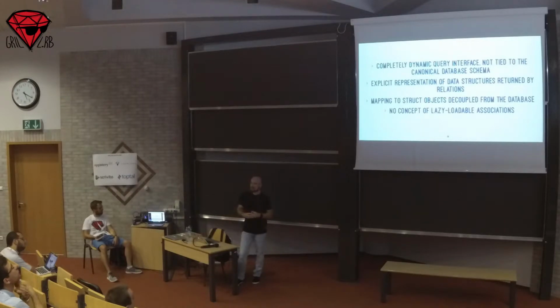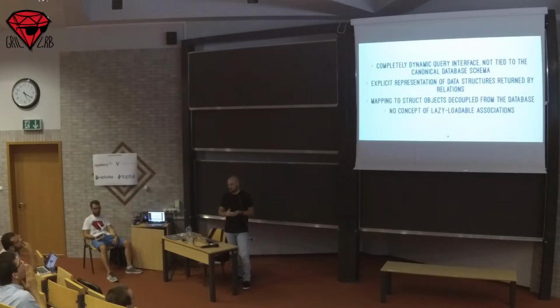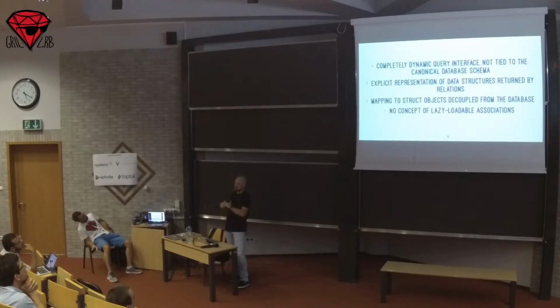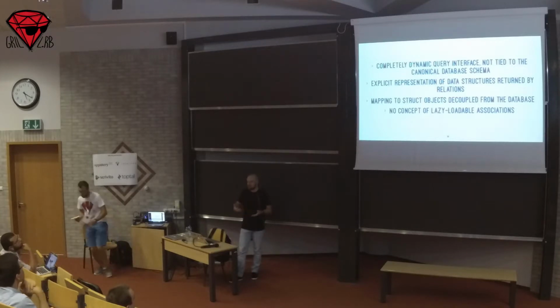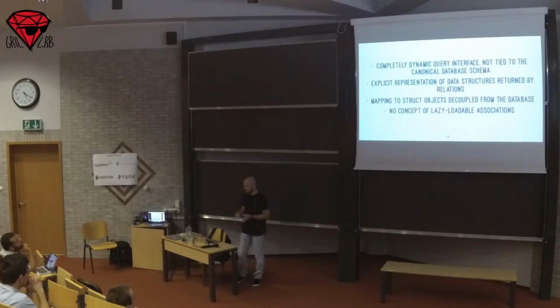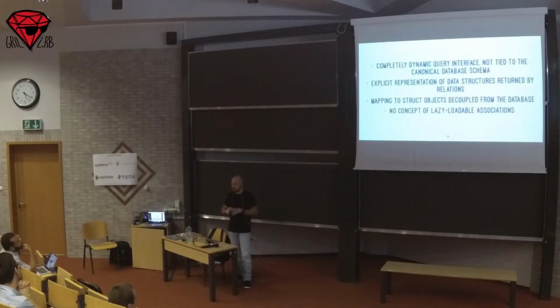It means that, well, Active Record has dynamic queries as well, but in our world, dynamic queries means that you can use a query API to load any kind of data, and we want to map it to objects that are easy to use, which in our case, these are just structs. We have our own implementation of structs, but you can also use your own struct implementation if that's what you want. And it's also important to realize that they are not connected to the database.